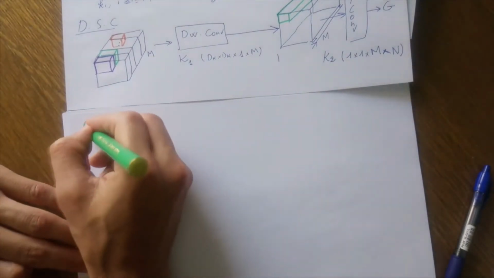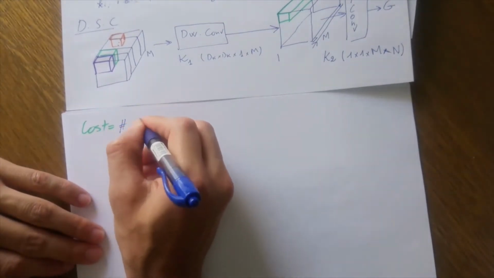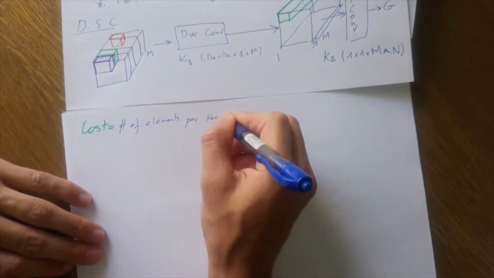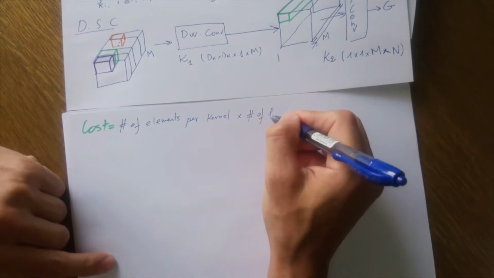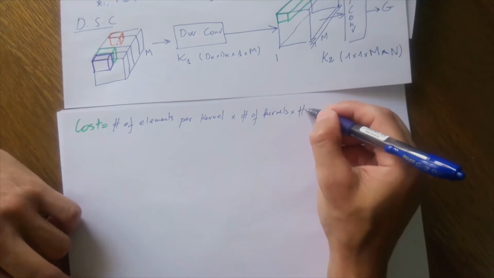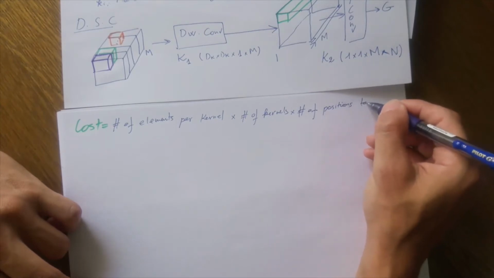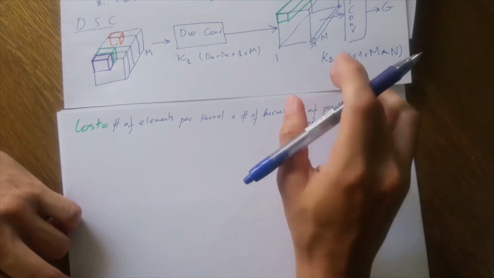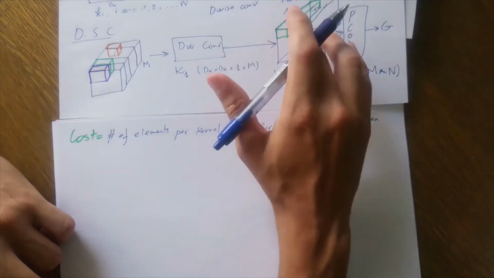In general, the computational cost is equal to the number of elements per kernel times the number of kernels times the number of positions taken per kernel, because the kernel should slide over the input, so it takes different positions.